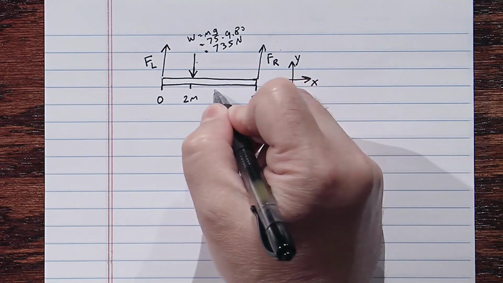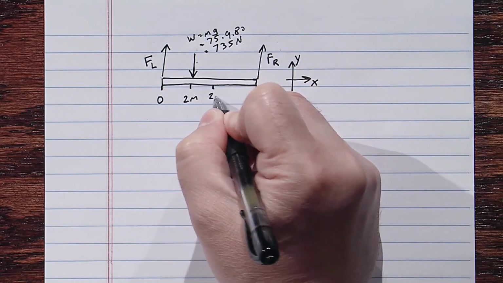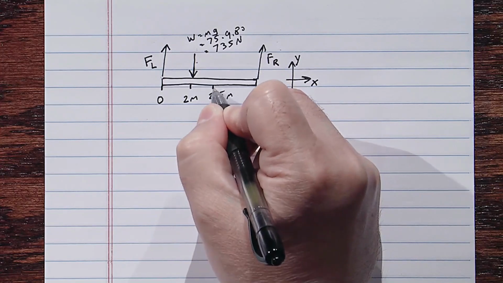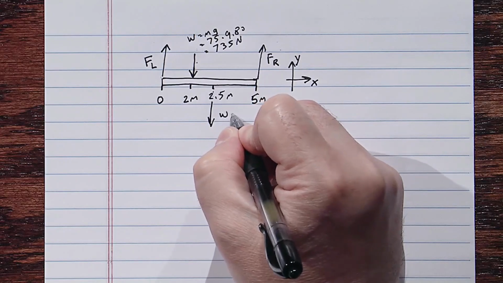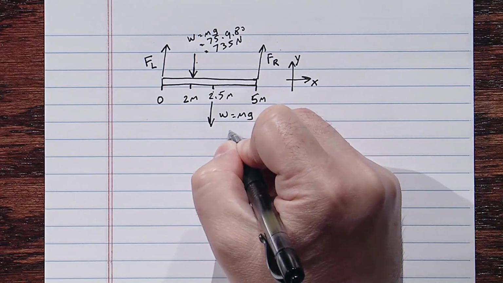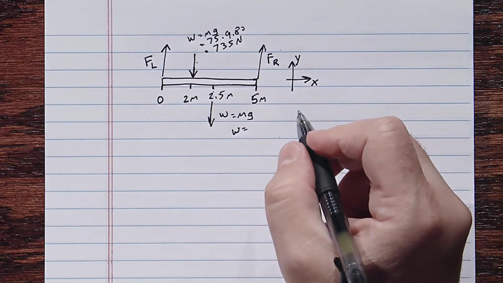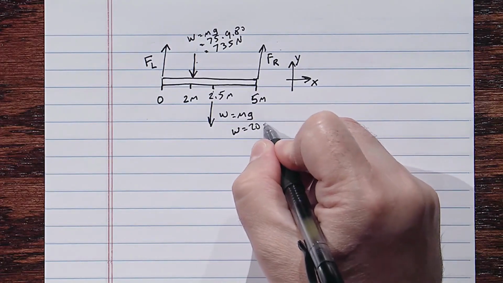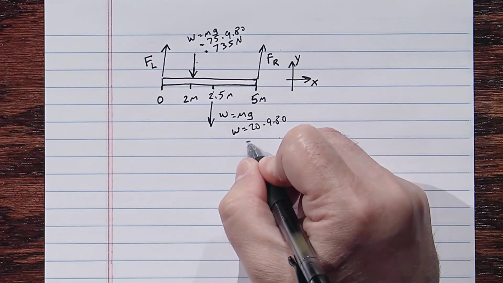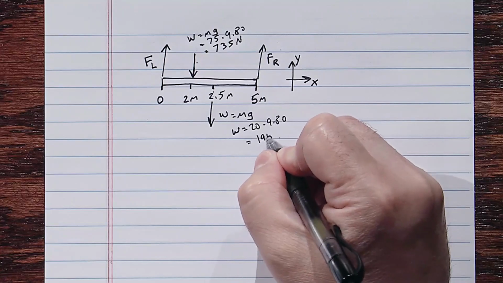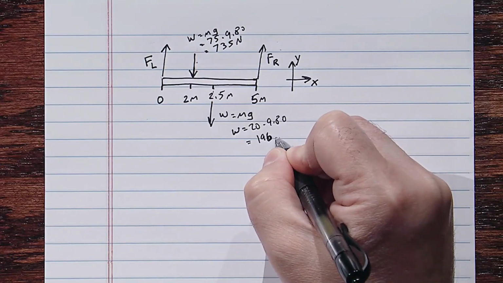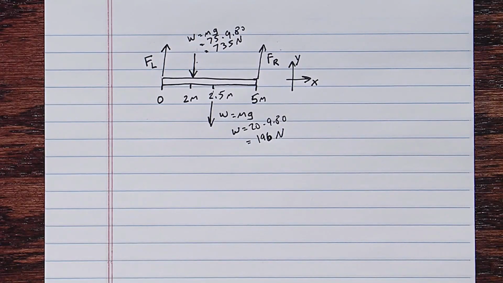So right here at 2.5 meters, we will have the weight of the board, which is equal to its mass times G, which is equal to 20 kilograms times 9.80. So we have a force of 20 times 9.80, or 196 newtons, on the board at its center.